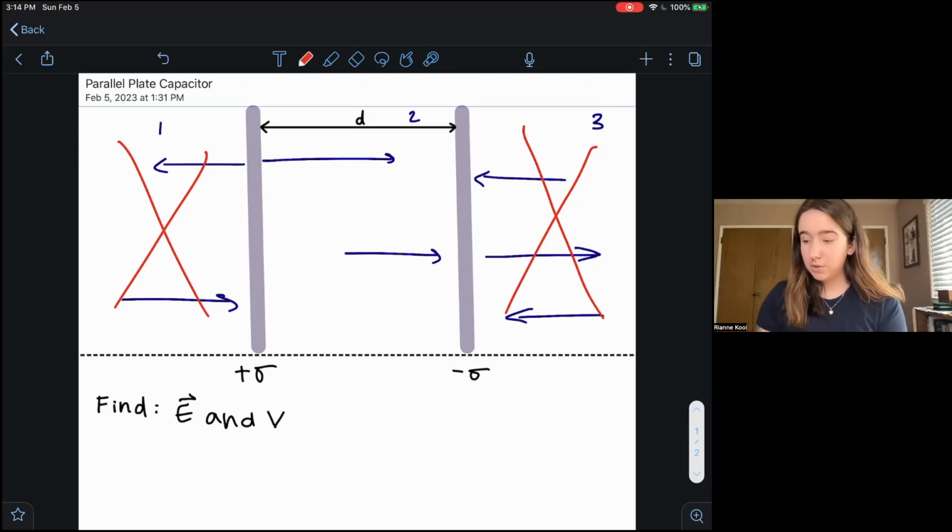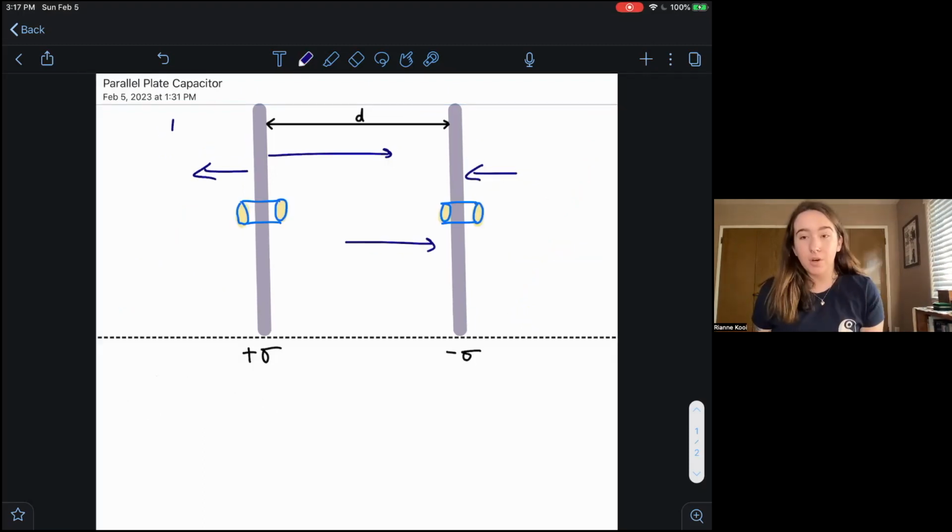Okay, so just like before, I drew our Gaussian surfaces on each of these plates, and we're going to find the E field for region 2 up here. We do have to treat these separately at first, but we can then combine them together to find the total E field in this part here.